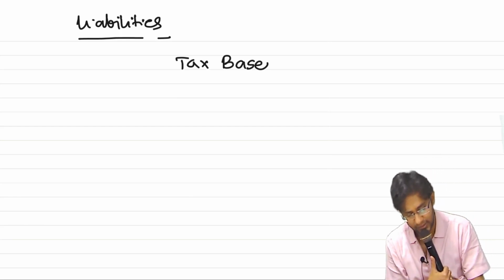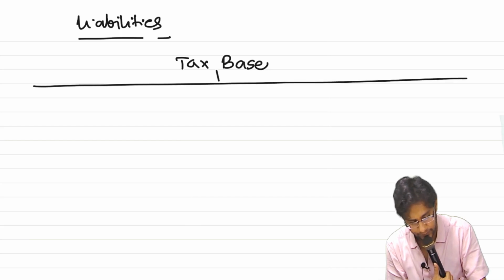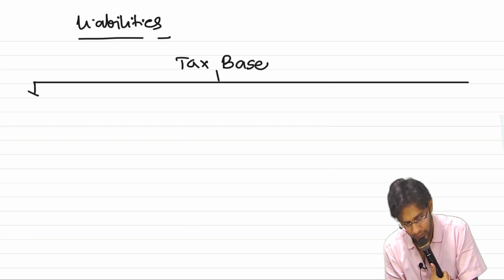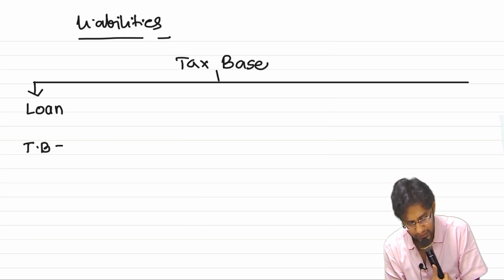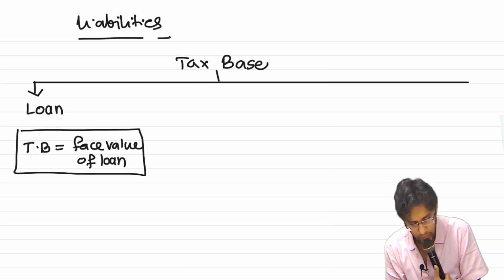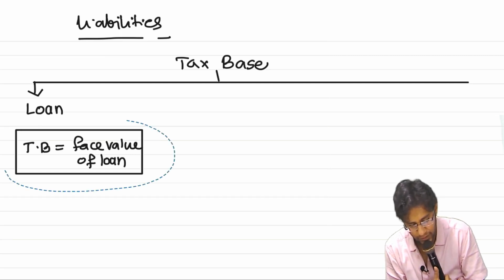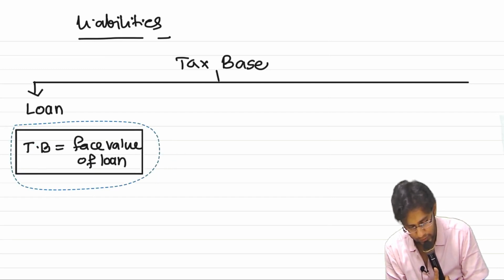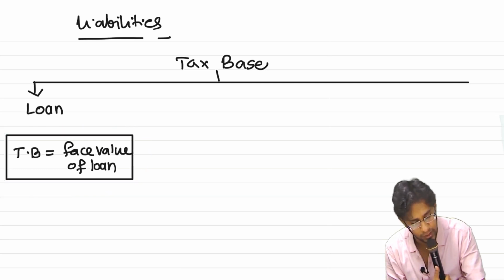Now, tax base for liabilities, if it is a loan case, you will take tax base as the face value of the loan. Sir, what is this formula? This formula, if you see, even the study material won't give you. This formula, the correct one is not wrong, but it's not given as a formula. I am making it as a formula.